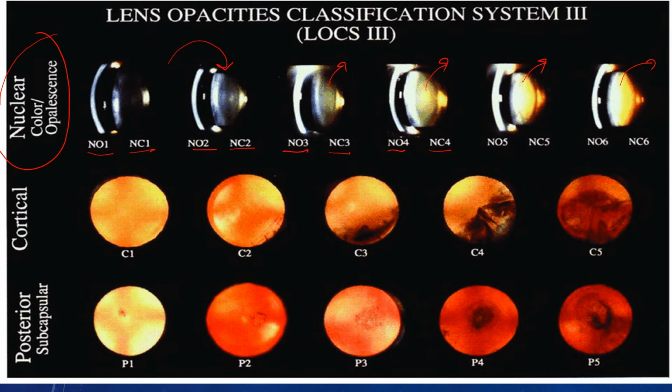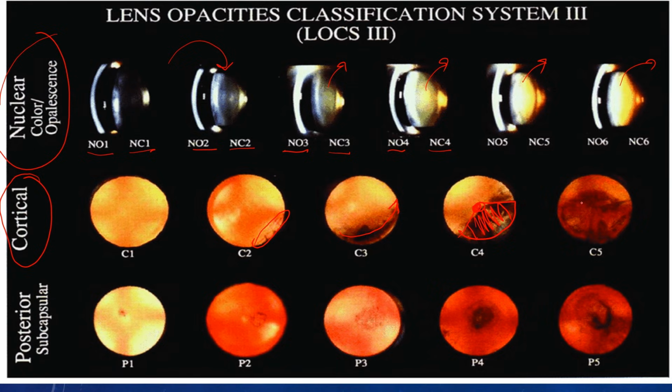Then you do a retroillumination, and you have two diagrams under the retroillumination. First we'll be staging the cortical cataract. In that, C1 is almost nothing on retroillumination. In C2 you can see some amount of opacification has started in the periphery. C3 is that it has started to grow eccentrically. C4 is when it starts to reach the center, so this wedge shaped cortical opacification has started to reach the center.